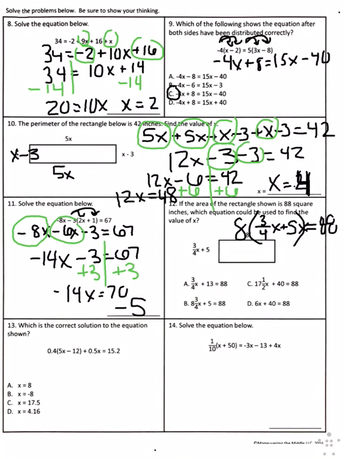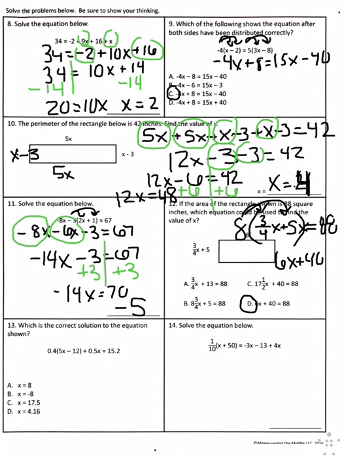Now, none of those are our possible answer choices because we know that when we have parentheses, we have to distribute. 8 times 3/4 is going to give us 6, so 6x plus 40, because 8 times 5 is 40, equals 88. Letter D is our correct answer.